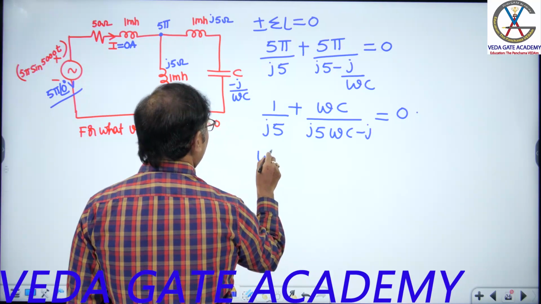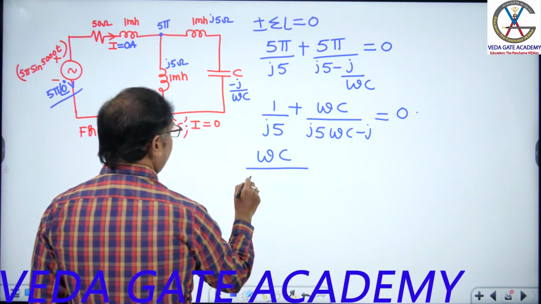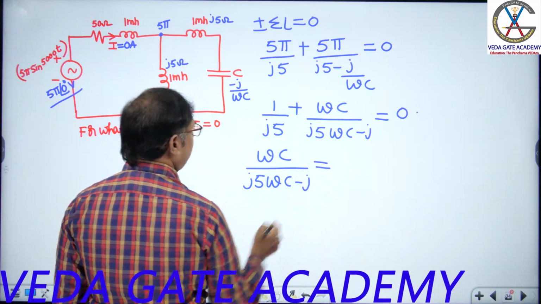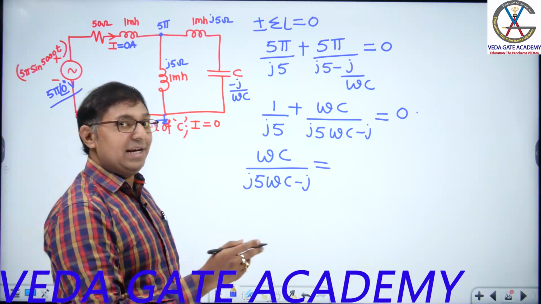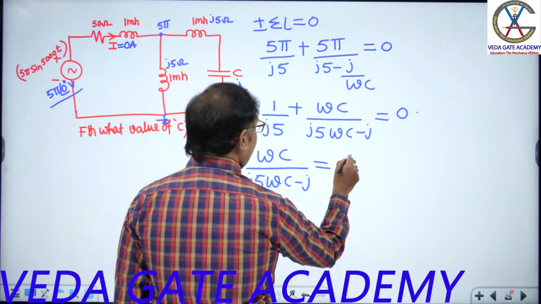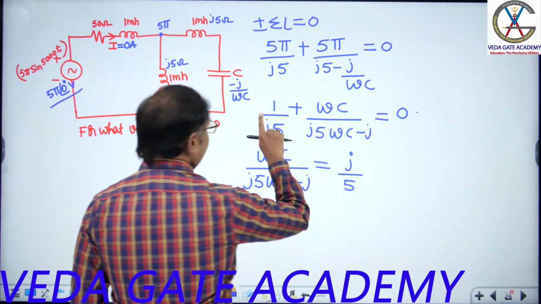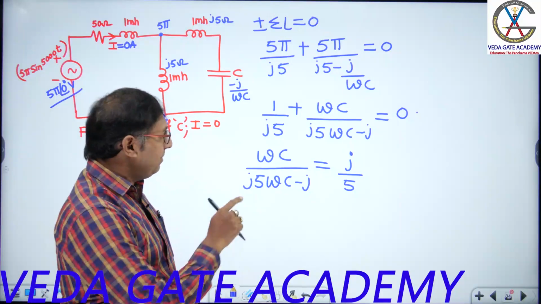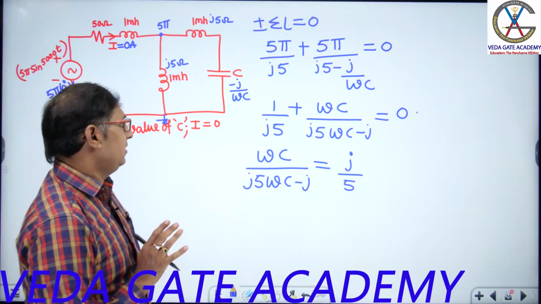What can I write? Omega C by J5 omega C minus J equals to minus 1 by J5, which is simply J by 5. Sir, this goes to other side. Minus 1 by J5, which is plus J by J5.